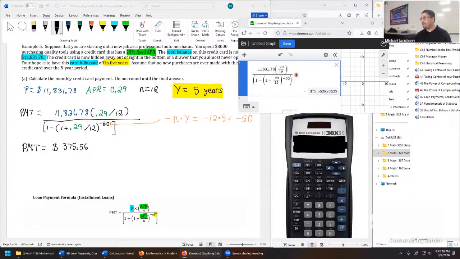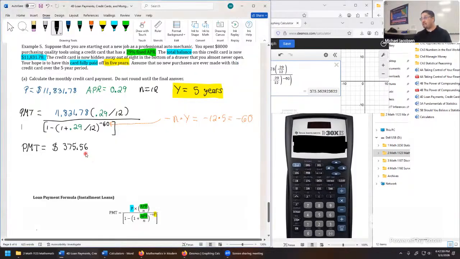Okay, it's a heck of a payment, but again, it's a large balance. The APR is pretty gigantic, the largest one we've seen all notes. And for certain years when the prime lending interest rates were high, that was not an unusual interest rate on credit cards. So this makes this problem pretty realistic, unfortunately. The payment's pretty high.